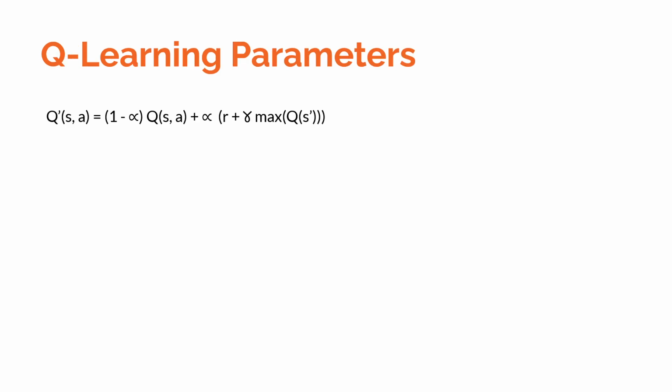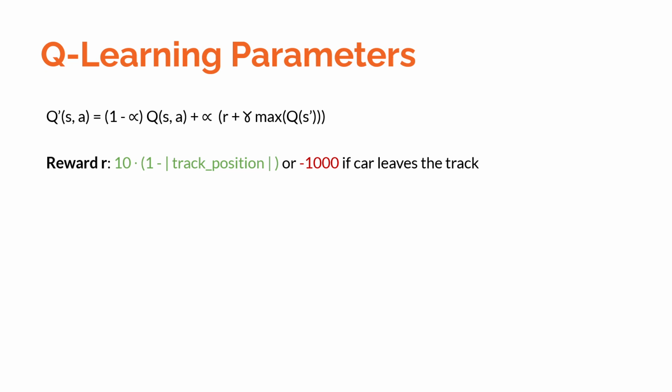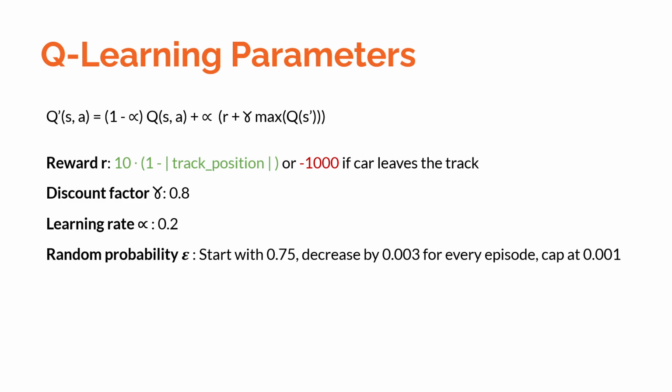The Q-Learning parameters this time: the reward is as I said. The discount factor gamma is 0.8, the learning rate is 0.2, and we will start with a random probability, an epsilon value, of 0.75, and we will decrease it by 0.003 for every episode and cap it at 0.001.